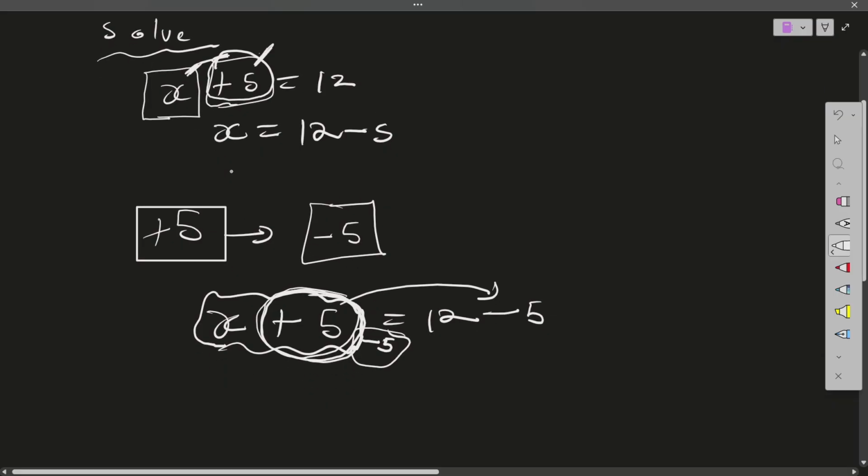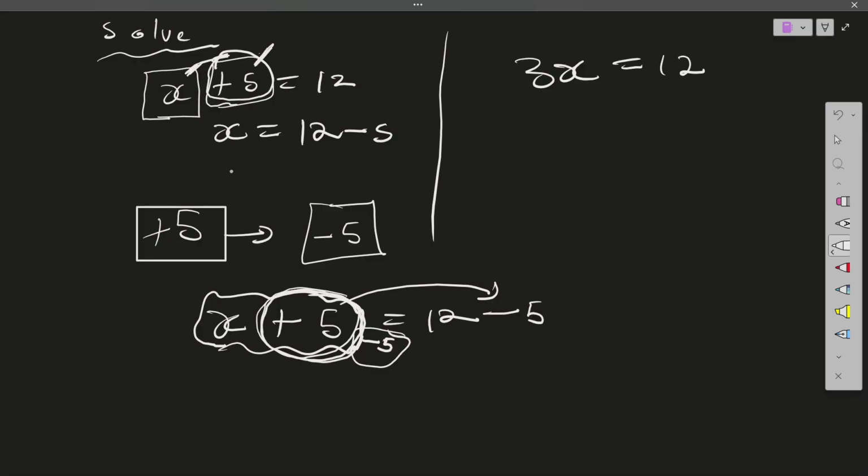Let's say, for example, you had 3x equals 12. This is basically multiplication. The opposite of multiplication is division, so we are going to use division to solve for this x.